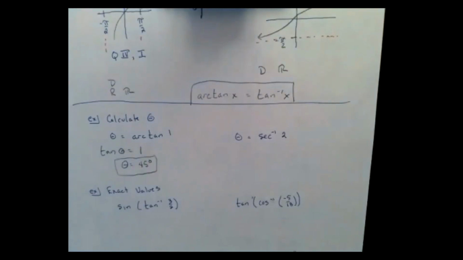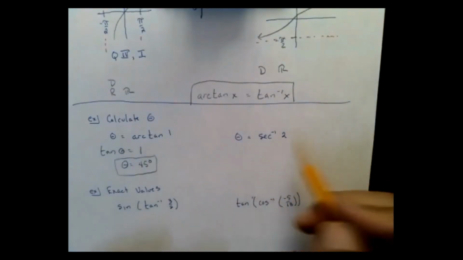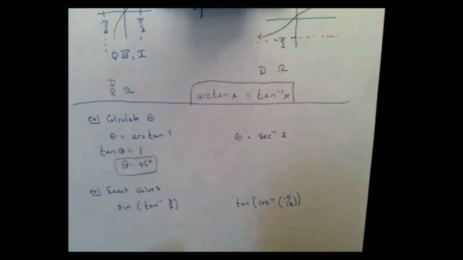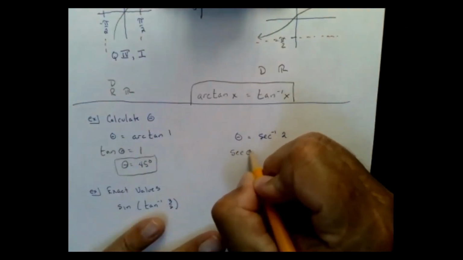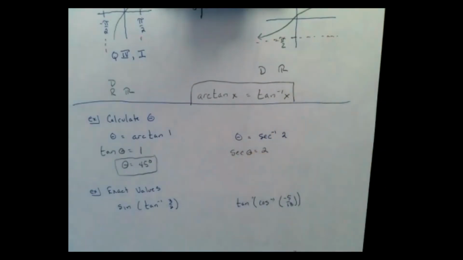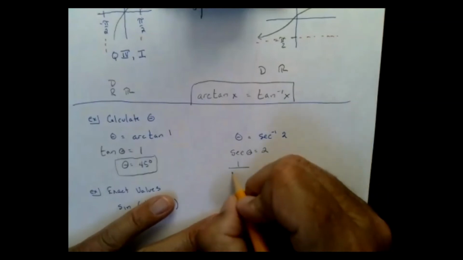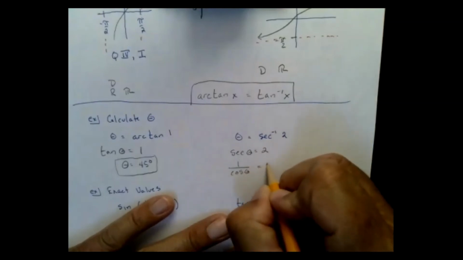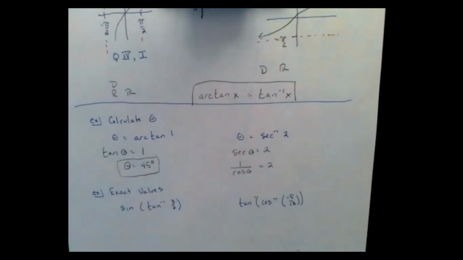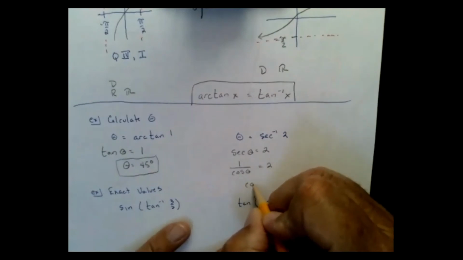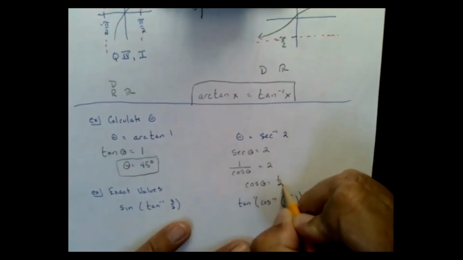So if I have the inverse secant, that's going to be the same as the secant of theta equals 2. I know the secant is 1 over the cosine of theta. If I multiply by the cosine and divide by the 2, I get cosine of theta equals 1/2.